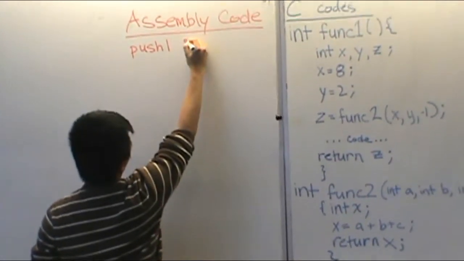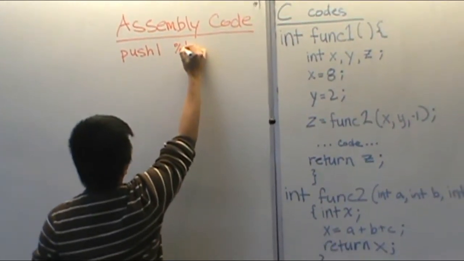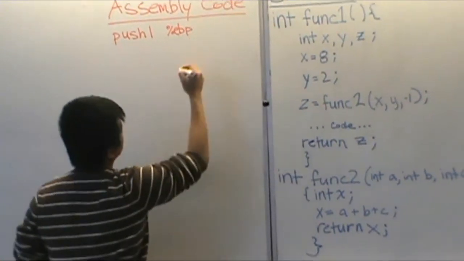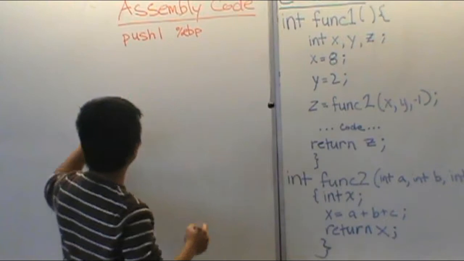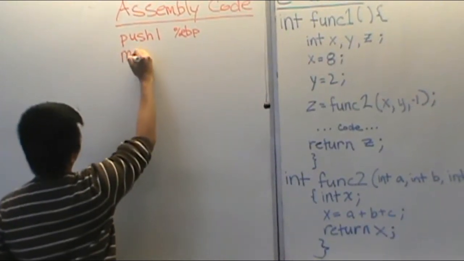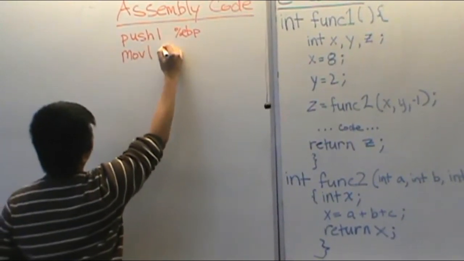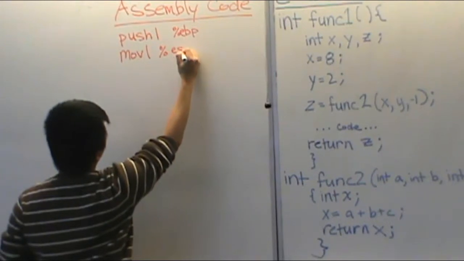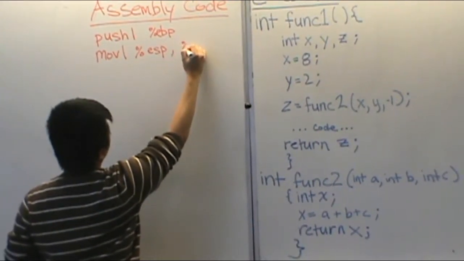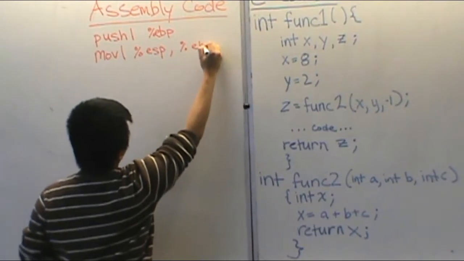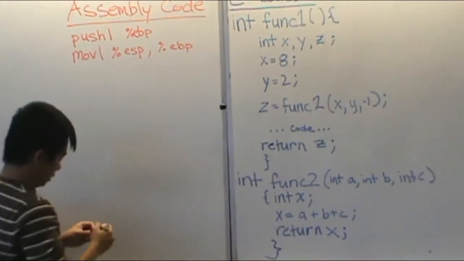We push EBP, and this will move the pointer to 134. And then we also do move ESP to EBP.